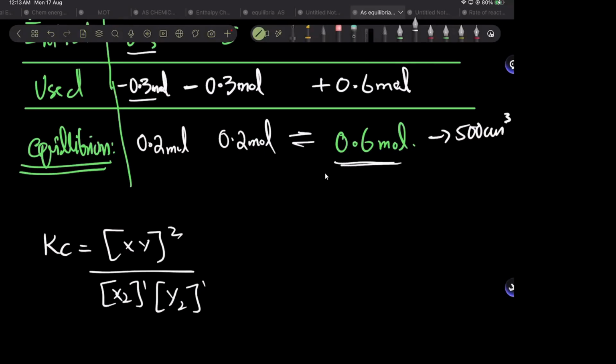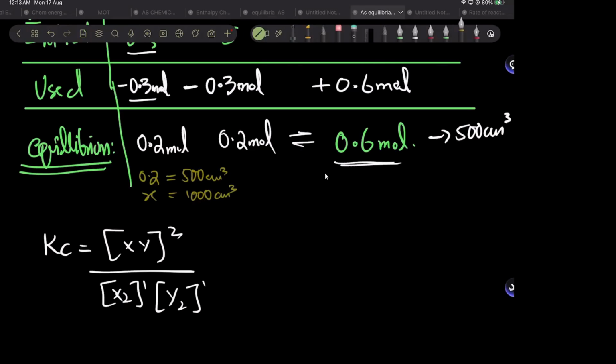So the ratio would be, if I have 0.2 moles in 500 cm cube, how many moles would I have of the same substance if the volume of the container was 1 dm cube, which is equal to 1000 cm cube? Is that clear?